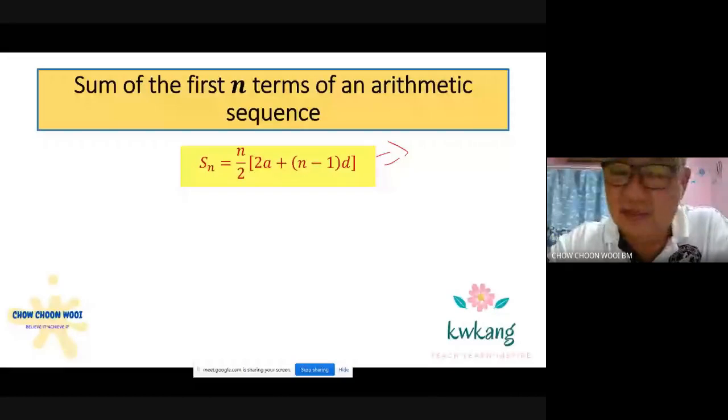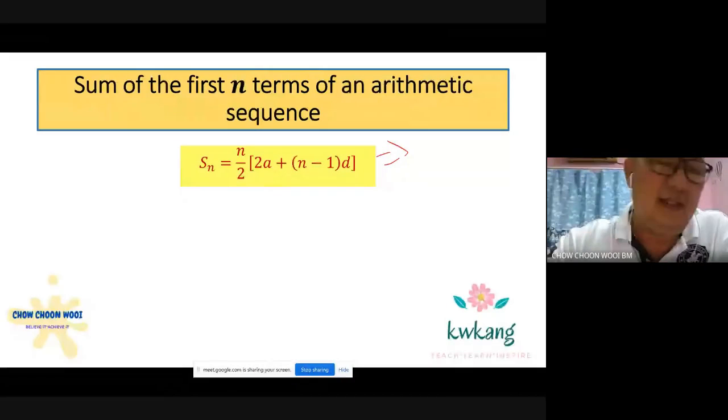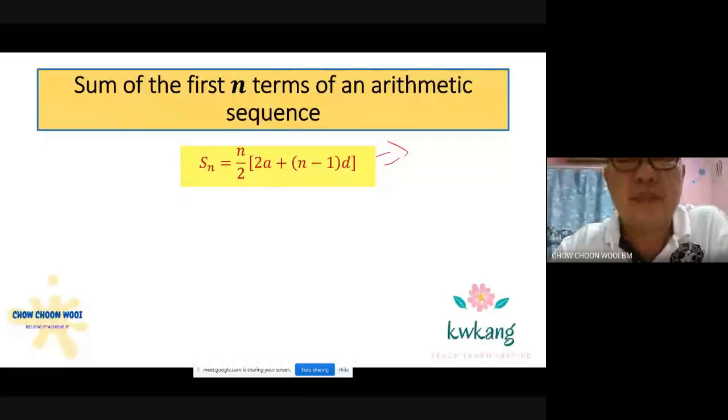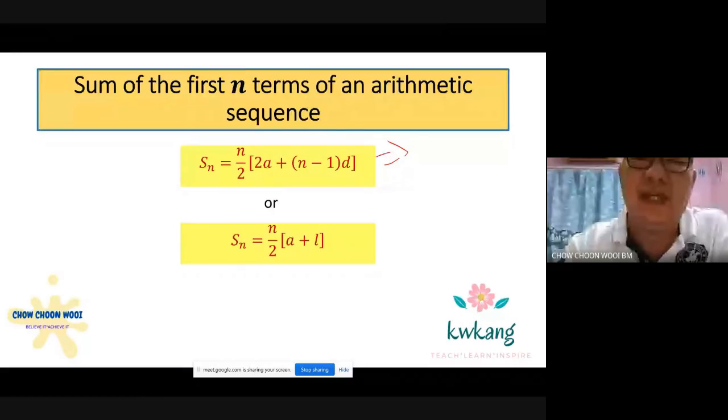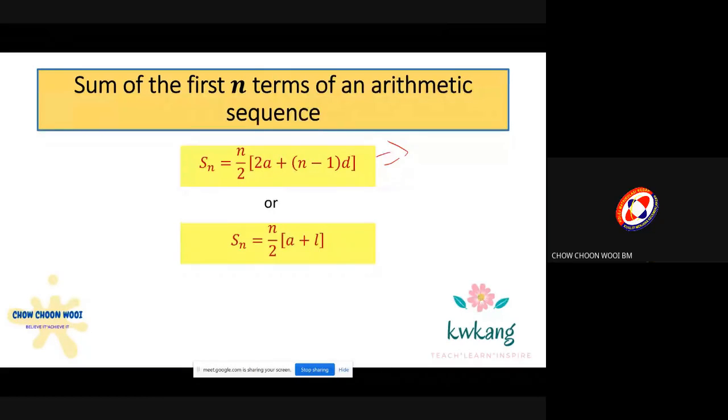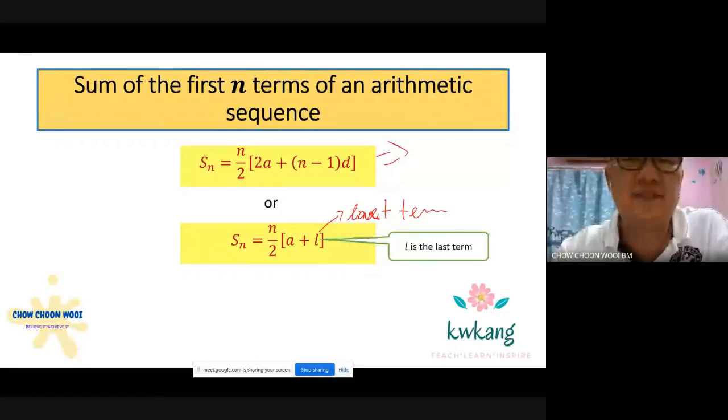Baik. Then, it can be Sn is equal to n over 2 times (a plus L). L is the last term, kalau dia finite series.